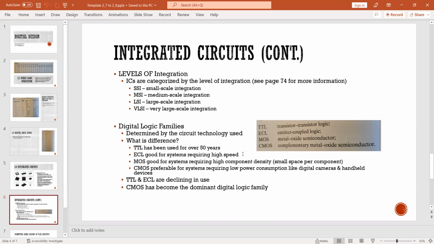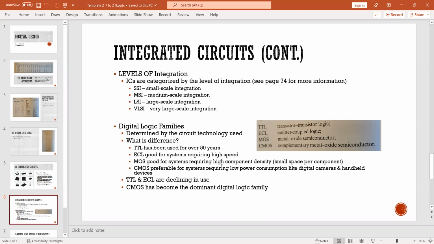The ECL is good for systems requiring high speed. The MOS is good for systems requiring high component density, meaning that you have a small space to get all your circuits into. And the CMOS is preferable for systems requiring low power consumption. This could be digital cameras, any handheld devices, your phones, tablets.